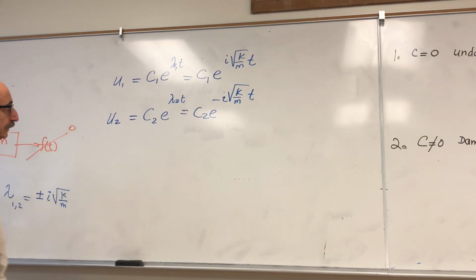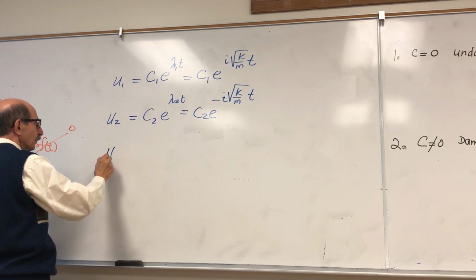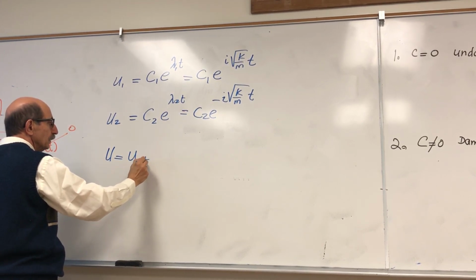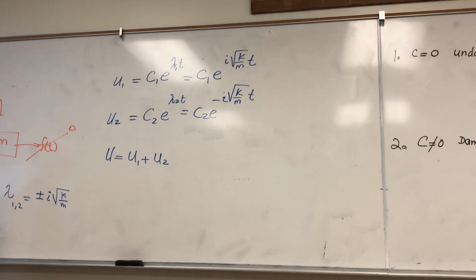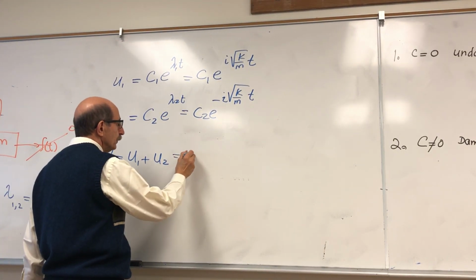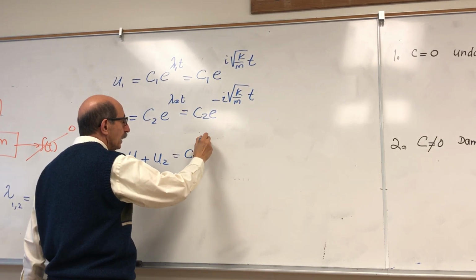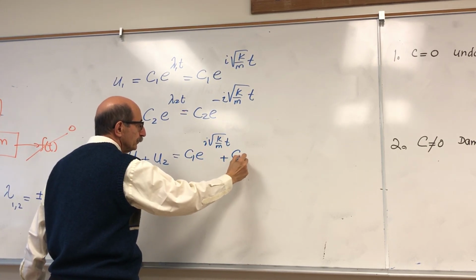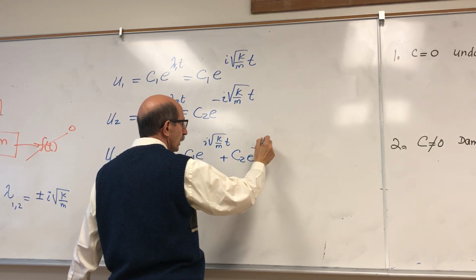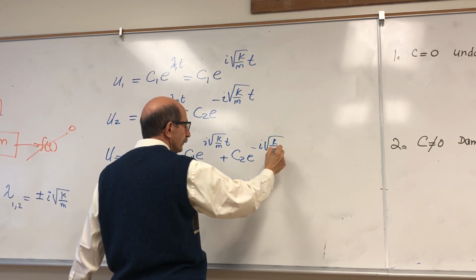The solution is the sum of these two, U1 plus U2. That's a general solution: C1 e to the i square root of k over m t plus C2 e to the minus i square root of k over m t.